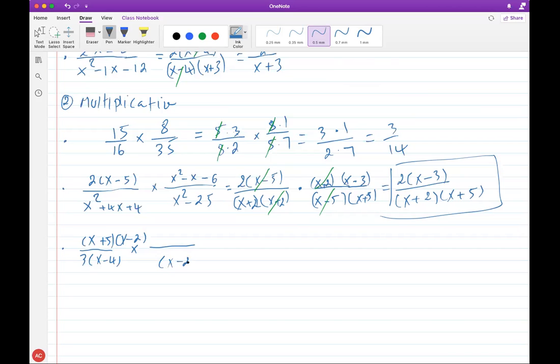So it's 2x minus 2 here, and probably it's 2x minus 1. And over here, okay, this one is already factored, so we don't have to factor it. So what happens next?